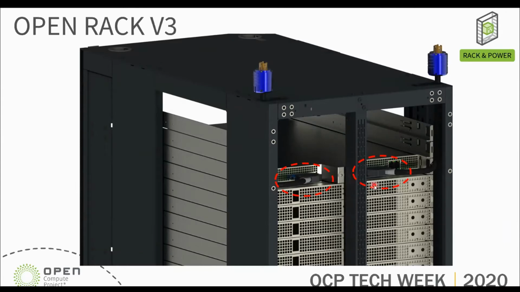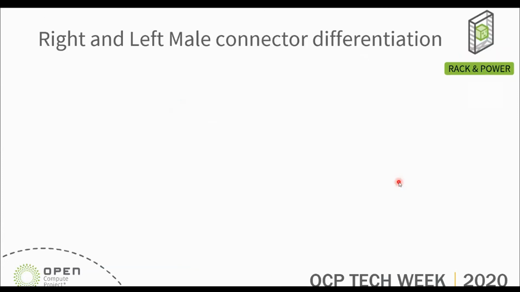The input connector is located here, as I just mentioned about the two connectors, left and right connector. As you look at this view, the space is very constrained, so we need to come up with a way to design the connector as slim as possible so that it can move around, and you can see that at the back of the rack there's not much space, and that is another challenge.